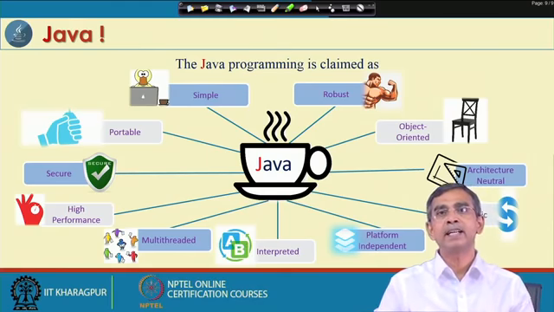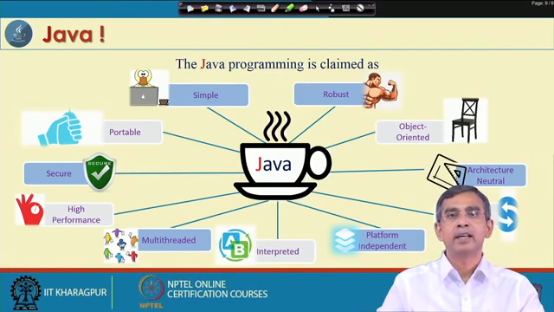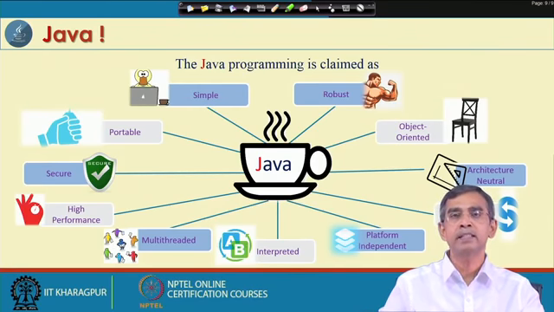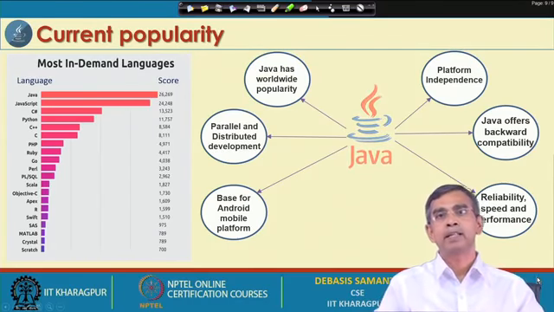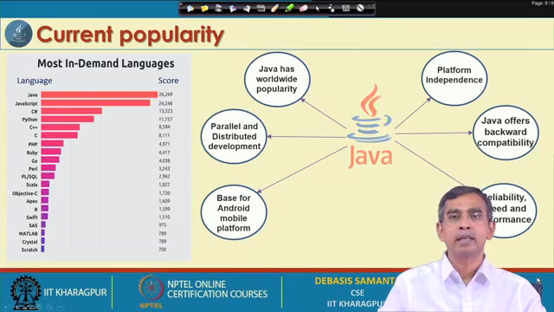So, basically these are the different features, or we can say the specifications, that Java programming has, and this is really a unique programming environment. That is why it is the best programming language so far, in fact, so far as the popularity score is concerned.